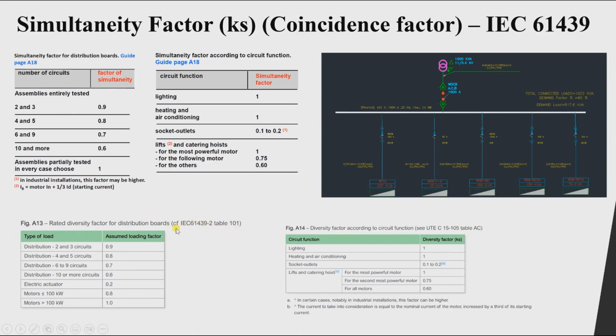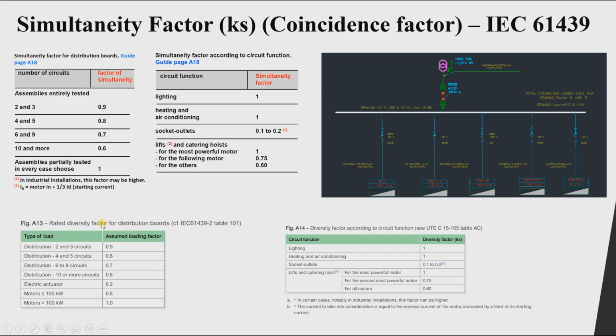Here you can see the diversity factor. This is obtained from the French code, which follows the IEC. Both of these are from the French code following the IEC, and they have the same values. This is from Schneider Electric, and according to them, this is also obtained from the French code that is based on the IEC code.